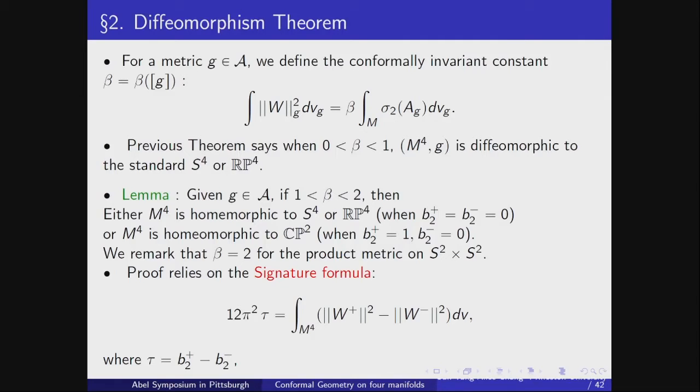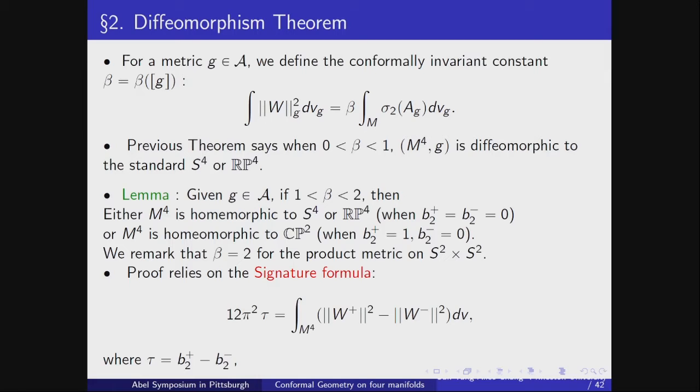The previous theorem says if this number is between 1 and 0, then it's S4. And then what happens later? And the first lemma is if it's in my positive cone class, and if beta is between 2 and 1, then it's diffeomorphic to S4 or CP2. We know that it's homeomorphic to either S4 or CP2.